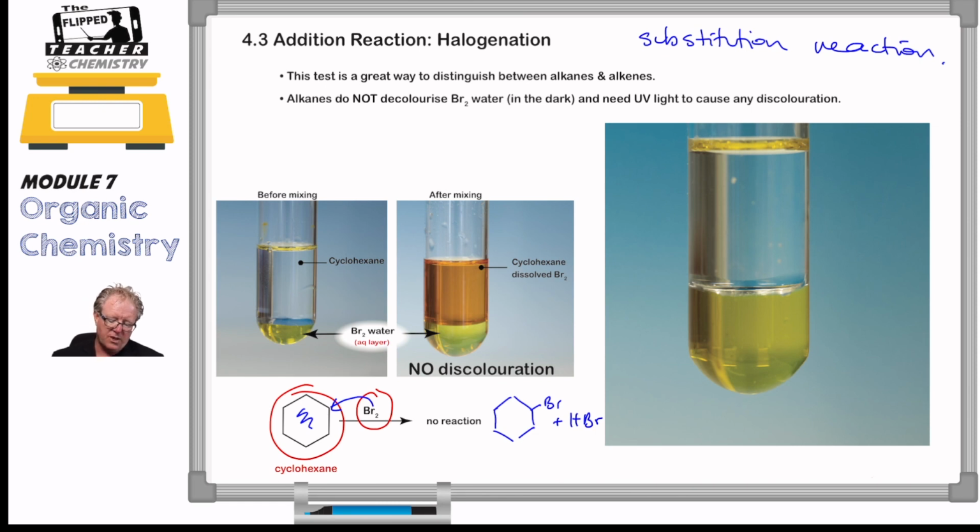So that will occur only if UV light is present. And there was no UV light present in this lab, so therefore no reaction occurred. And we could distinguish between one test tube containing cyclohexane and another test tube containing cyclohexene. Decolorization occurred with the alkene, but no decolorization occurred with the alkane.